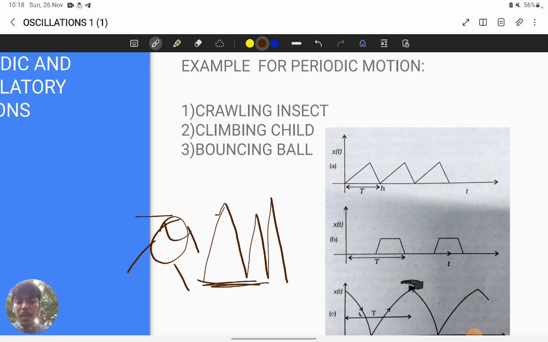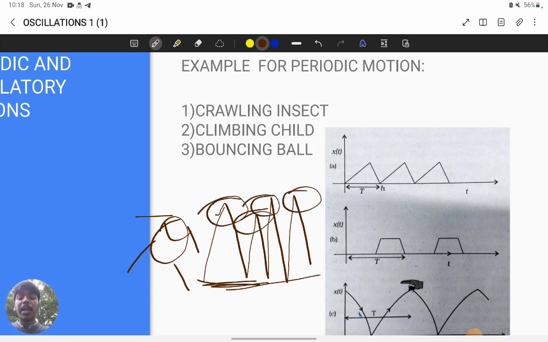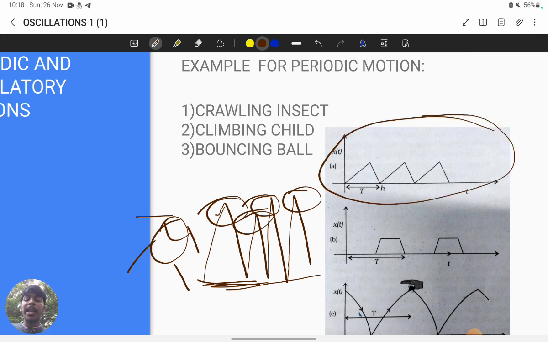Crawling up, fell down, crawling up, fell down. So this is an example of periodic motion. The motion is being repeated at regular intervals. So graph A of NCERT indicates this crawling insect.